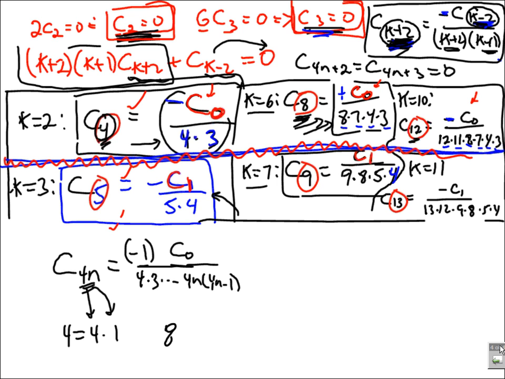And then you're going to have C sub 8, which is 4 times 2, so n is 2. And you'll have 12, C sub 12, which is 4 times 3, and eventually 16, which is 4 times 4. These 1, 2, 3, 4, etc., those are the n's.